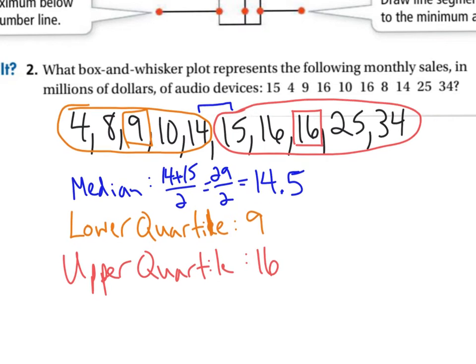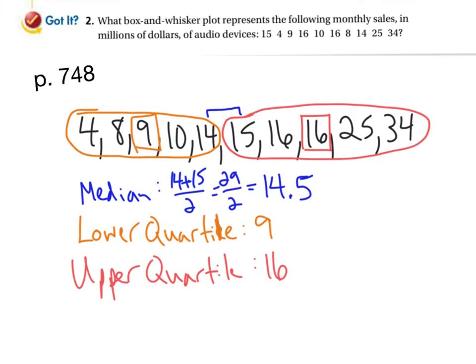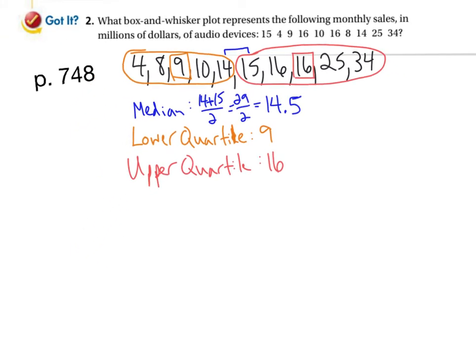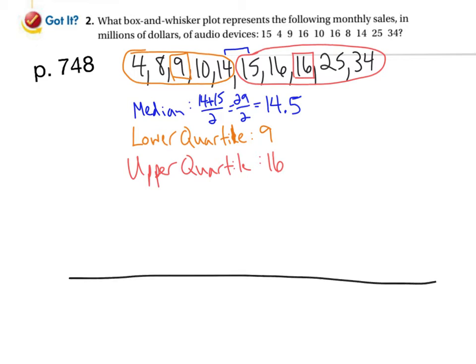And now we have enough information that we can make our box and whisker plot. So make a number line. We do need to put a title at some point.